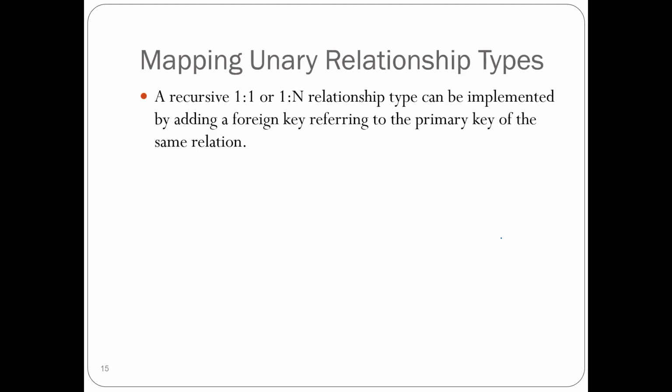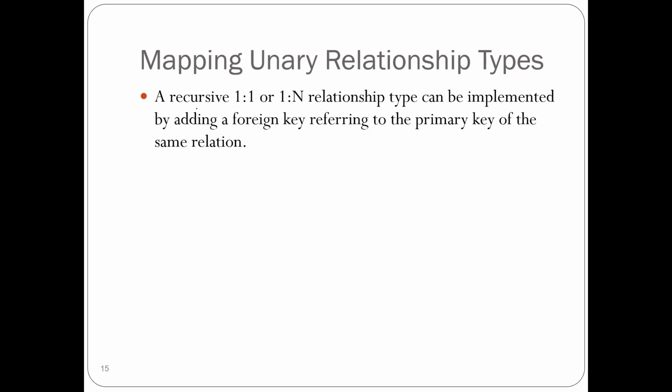All right, so let's move on to the other class, which is of unary relationship types. All the cases that have been discussed were binary. One to one, one to many, and many to many we have seen. Now we will go to the unary relationship types. There we'll have only one entity type, so it is also called recursive.